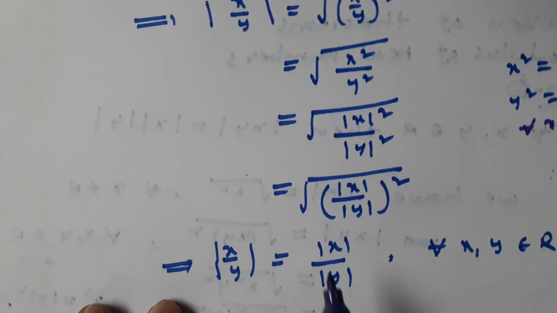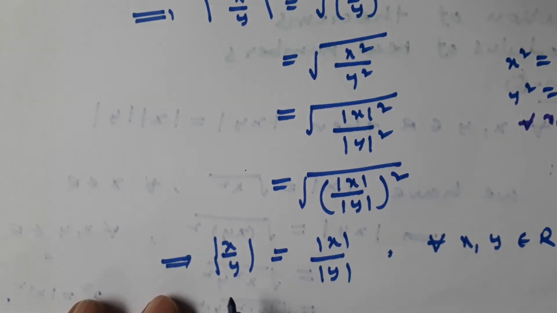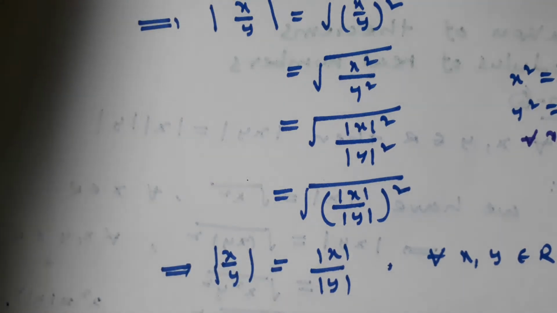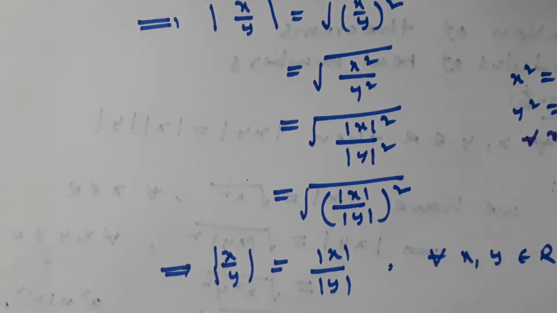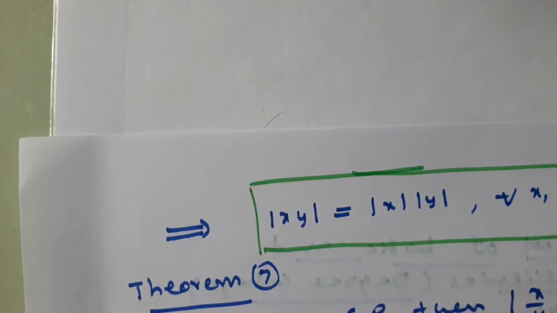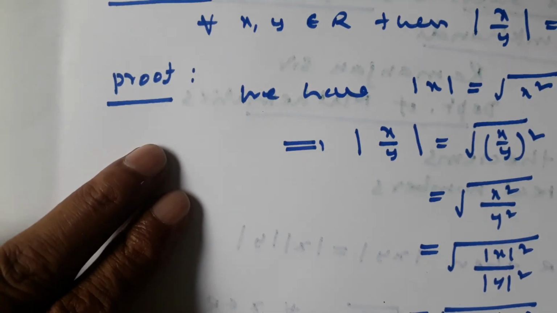Later the root and the square cancel, so that mod x by y is equal to mod x divided by mod y, for all x, y belongs to R. See that the result is true for the product and the same is true for the quotient also.